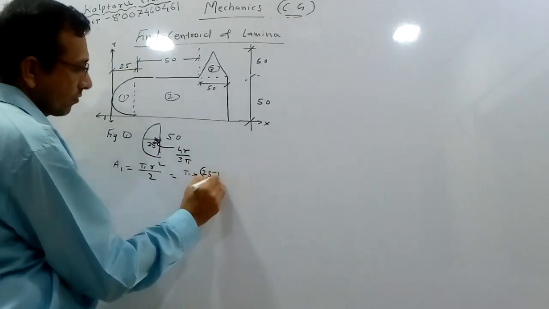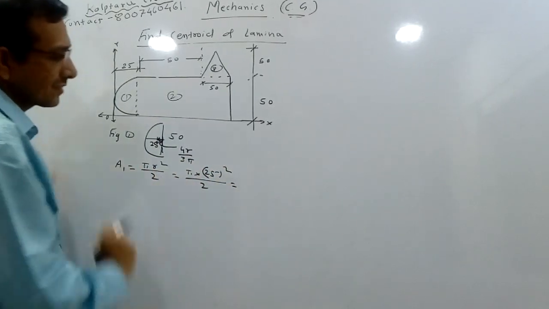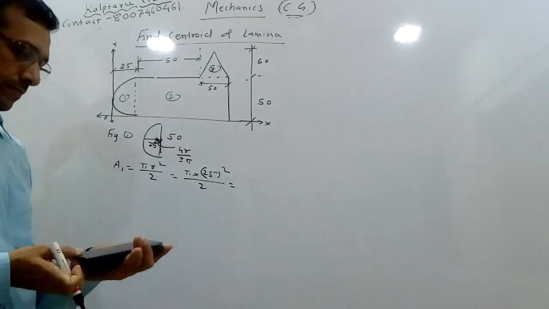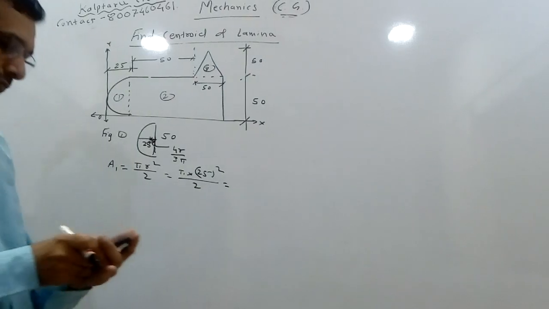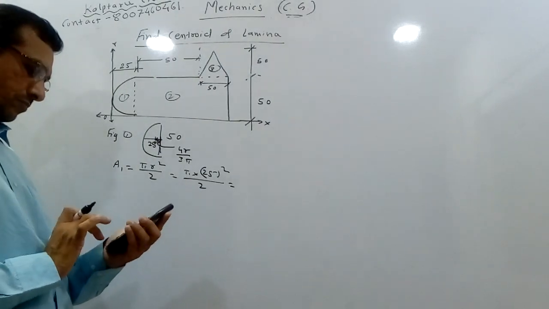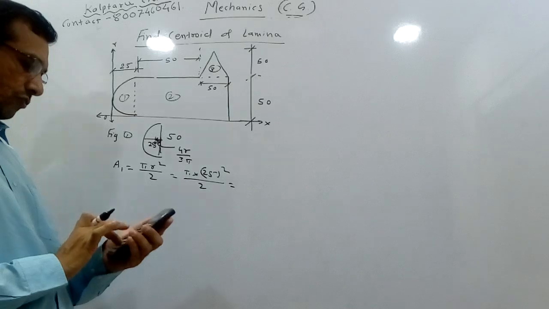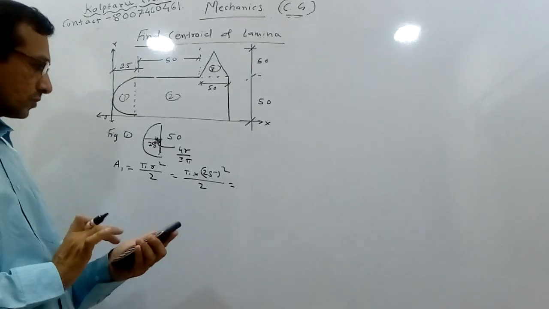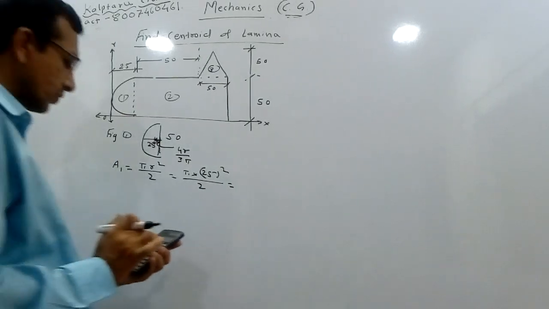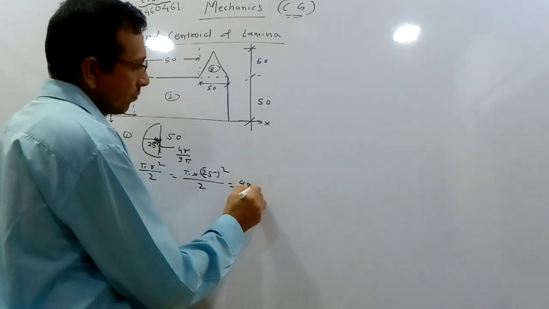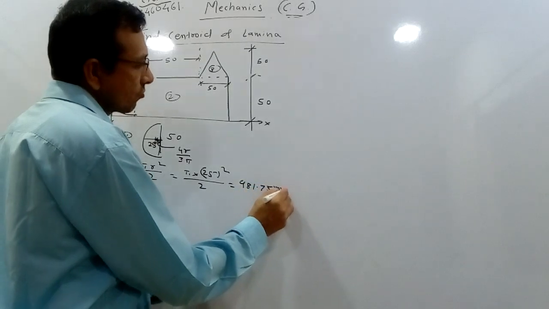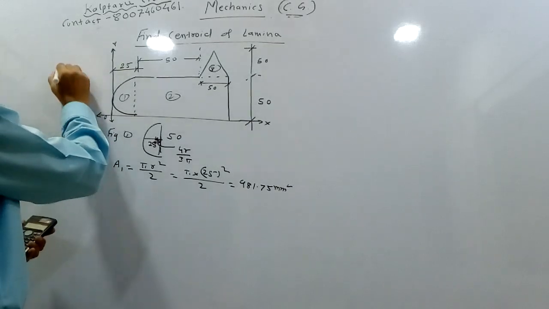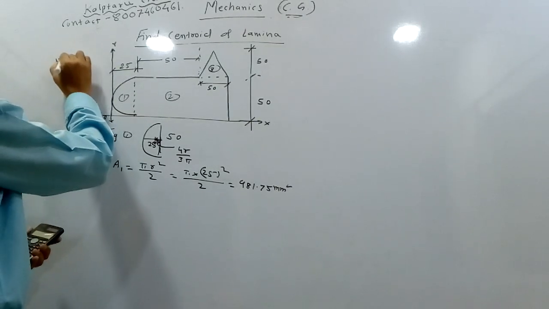So pi into 25 square whole upon 2. That is nothing but 981.75 millimeter square. All dimensions are in millimeter.